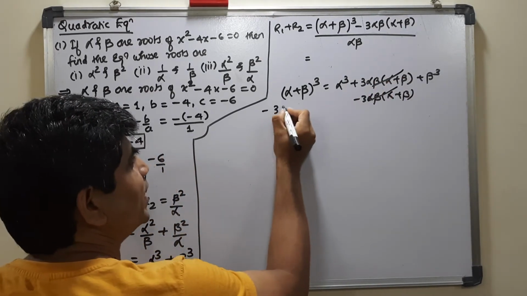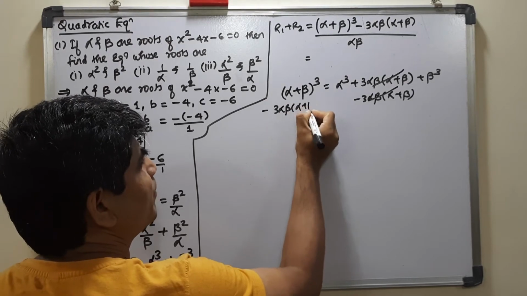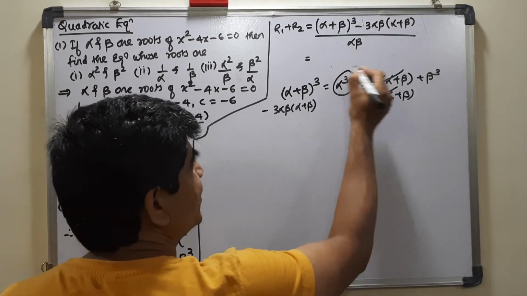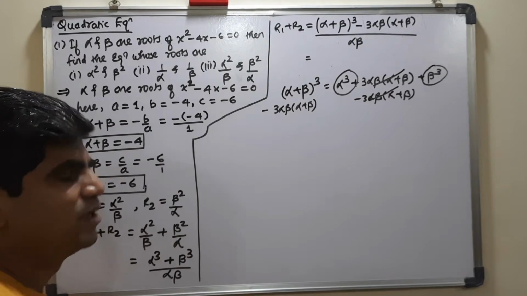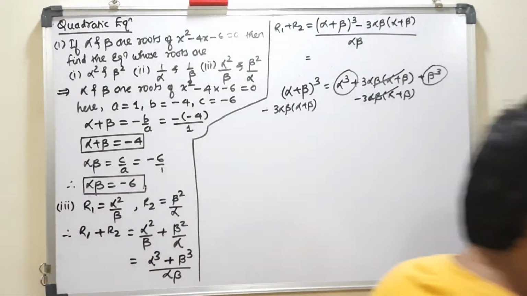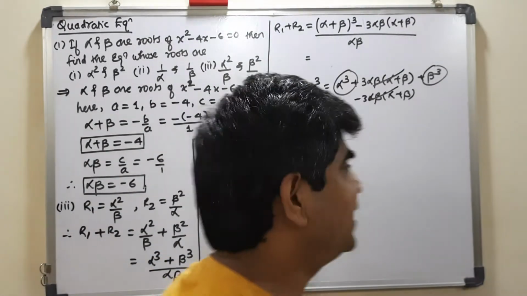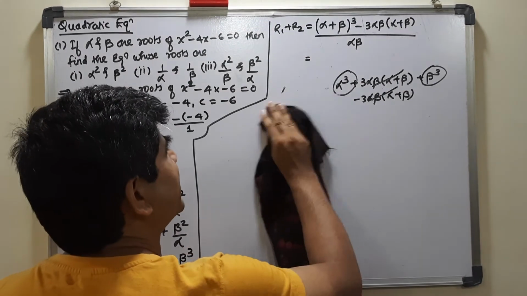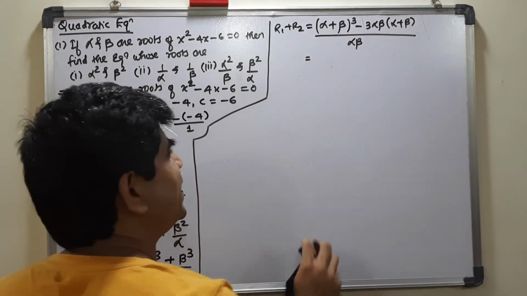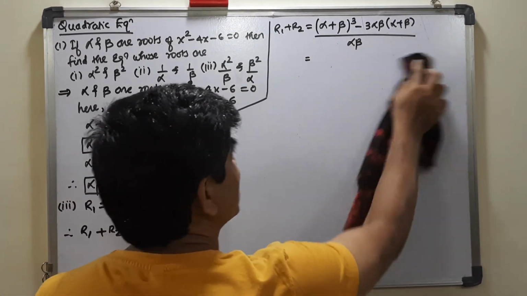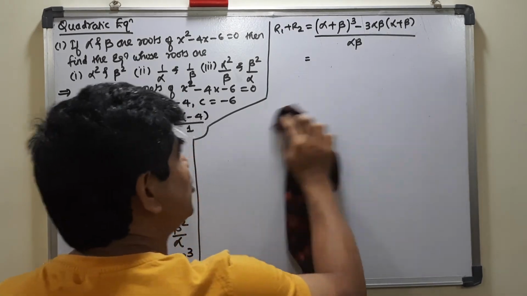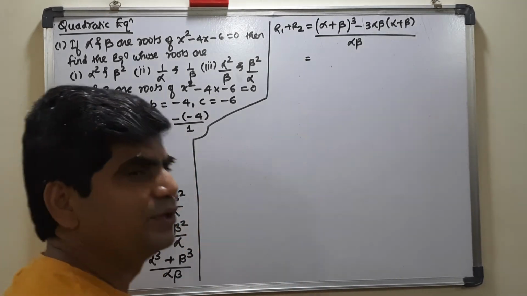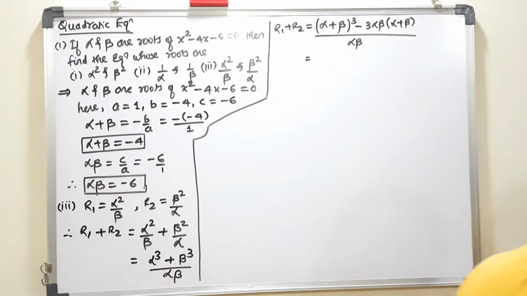So here also minus 3 alpha beta into alpha plus beta, when you do that you remain only with alpha cube plus beta cube. Okay, so this is the identity. It is better to remember it. If you can form it at any instance, it is well and good. But if you are not able to form it, it is advisable that you remember it.